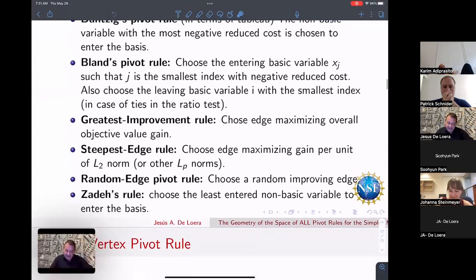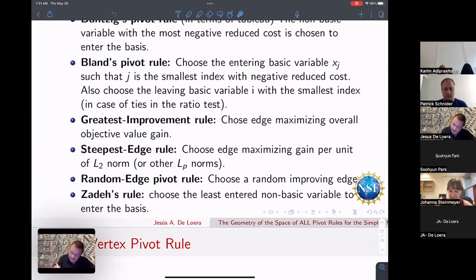Here's an interesting pivot rule. Zadeh invented a pivot rule, which is essentially: keep track of what you have been doing before. So you don't use a facet if you have used it before. You prefer things that have not been used too much.